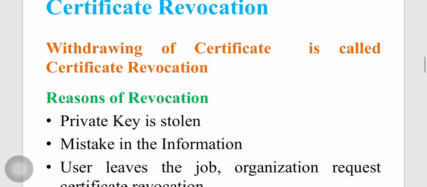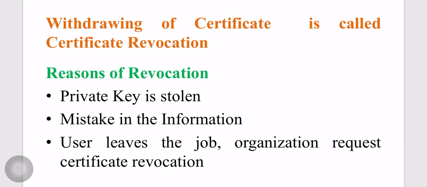What might be the reasons for certificate revocation? Some of the reasons are: private key stolen. If some mischievous thing happened and the private key has been hacked by an attacker, we have to revoke the certificate. Mistakes in the information, or in the user identity, then the certificate has to be revoked immediately. User leaves the job, or the organization requests certificate revocation.